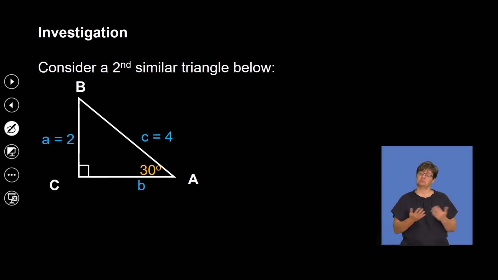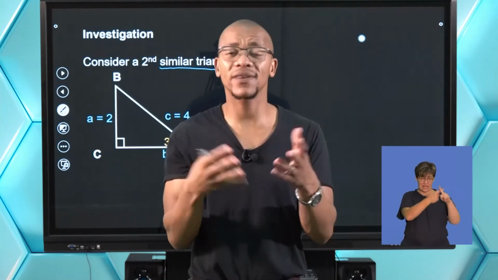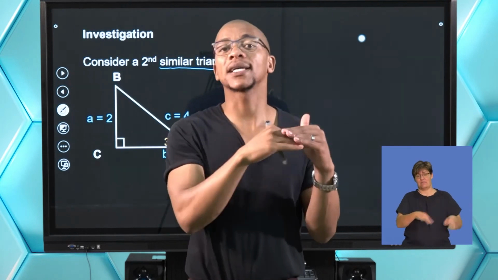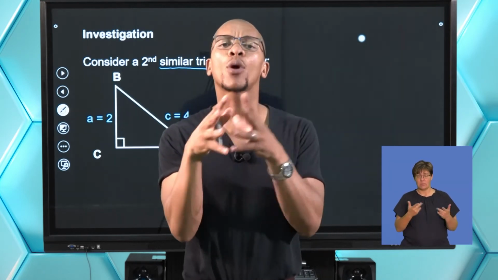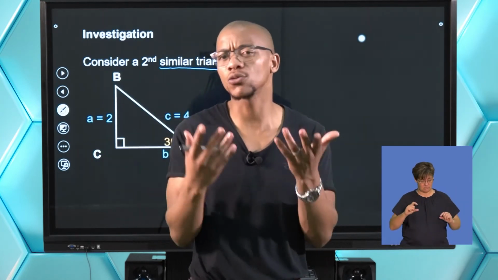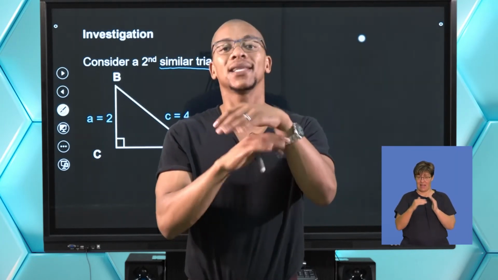Also, let's look at a second similar triangle. Now, quickly, let's do a recap of what similar triangles are about. Remember, similar triangles are when sides are in proportion, meaning to get a side from this triangle to the other triangle, we will be multiplying by the same value or dividing by the same value. If things are in proportion with one another, they don't necessarily need to be equal, as long as they have the same angles, but the sides can be bigger.